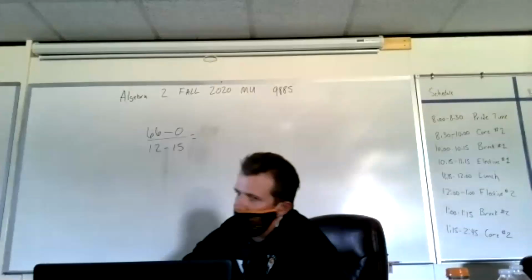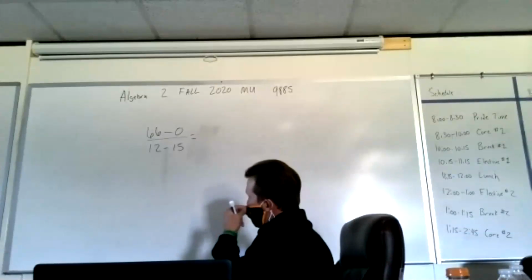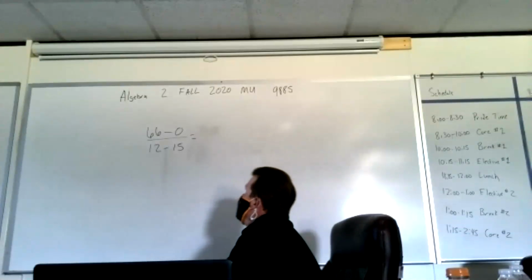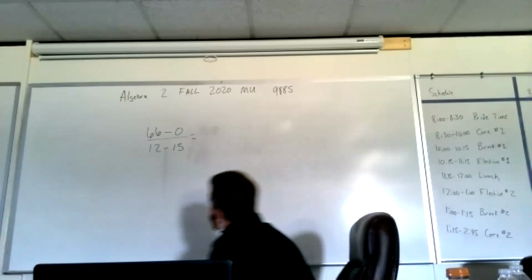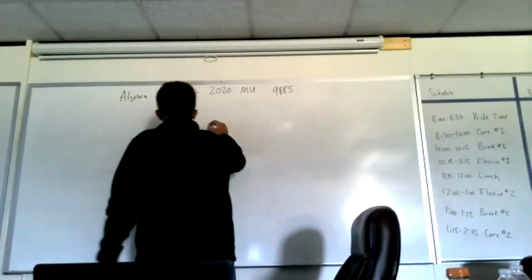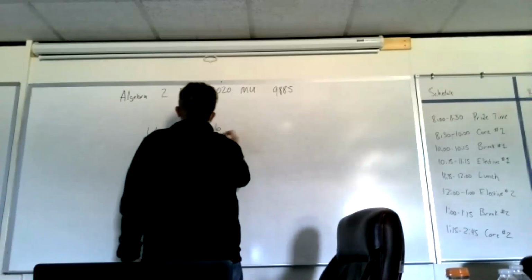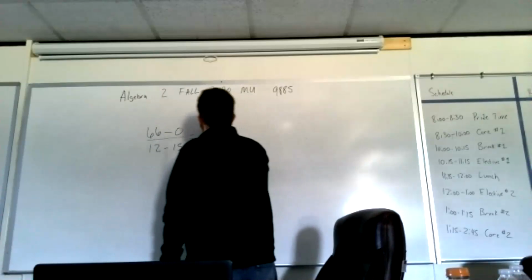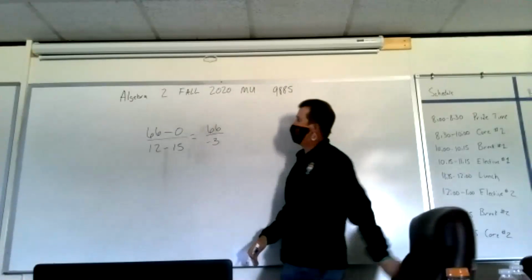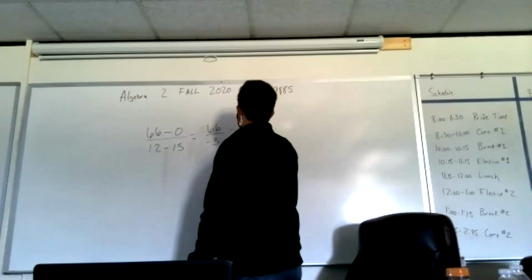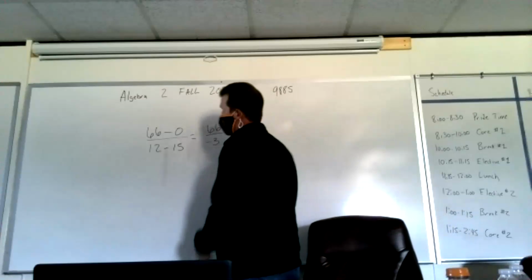So this is what I'm working with. Here I have 66 minus 0, or our change in Y, and 12 minus 15, or our change in X. 66 minus 0 is easy. 66 minus 0 is 66. 12 minus 15 gives me a -3. I have one negative value, so my answer is going to be negative. And this will simplify down to a -22.